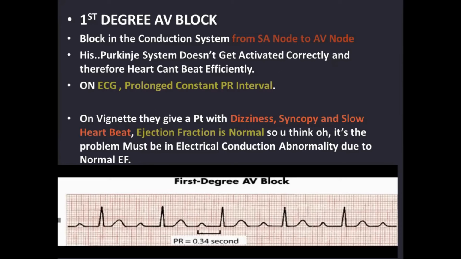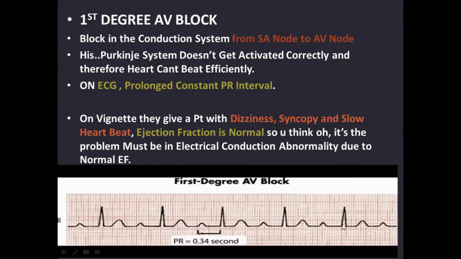So first degree AV block looks like this on the ECG: you have a constant prolonged PR interval. When I am saying constant, I will later explain progressively increasing. You have to know the difference in which cases there is a constant interval and in which cases there is an increase. In case of first degree heart block, the PR interval is constant. It's not progressively increasing.